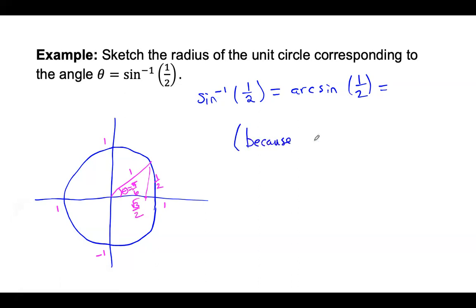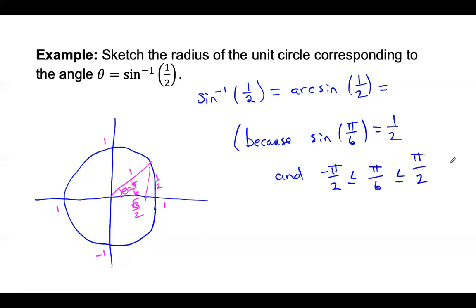This is because sine of pi divided by 6 is equal to a half. And it's also because pi divided by 6 is between negative pi over 2 and pi divided by 2. So we're okay. So the answer is pi divided by 6.